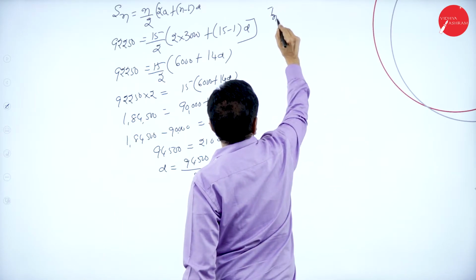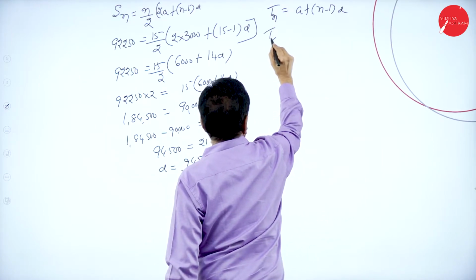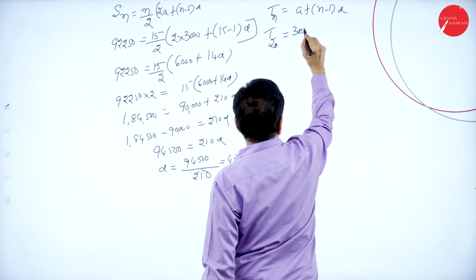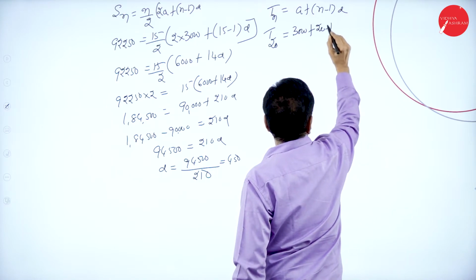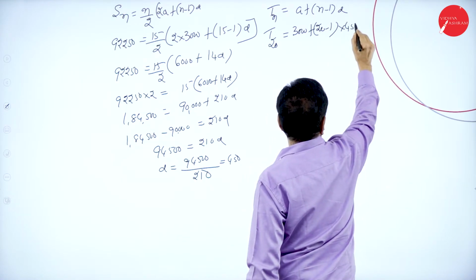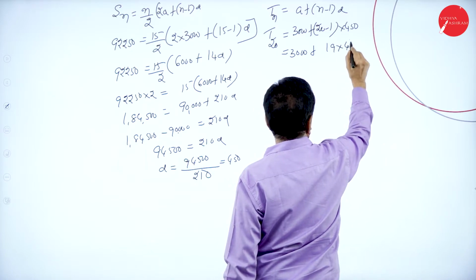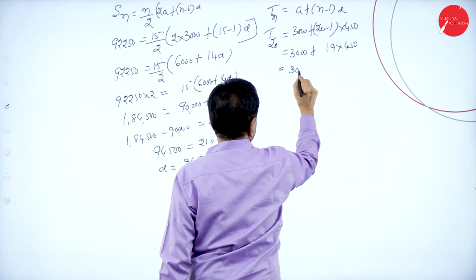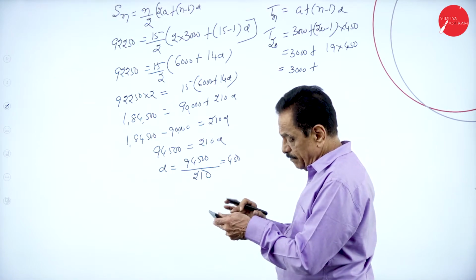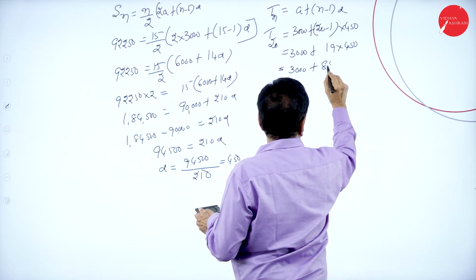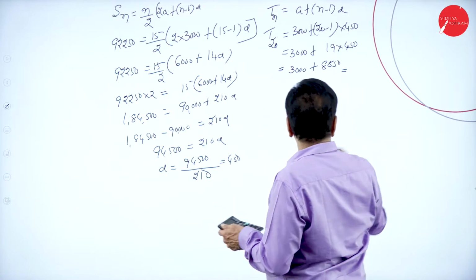Tn is equal to a plus n minus 1 d. T20 is equal to 3,000 plus 19 into 450, since the 20th year means 20 minus 1, and the difference is 450. 450 into 19 is 8,550, plus 3,000 is 11,550.